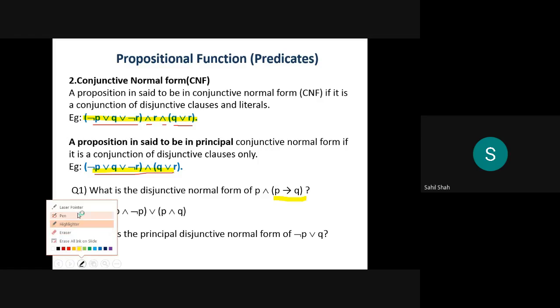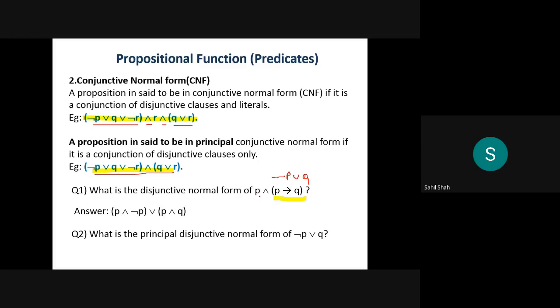What is the formula? P conditional Q can be written as negation of P or Q, if you remember formula number 18, which we discussed in yesterday's class.